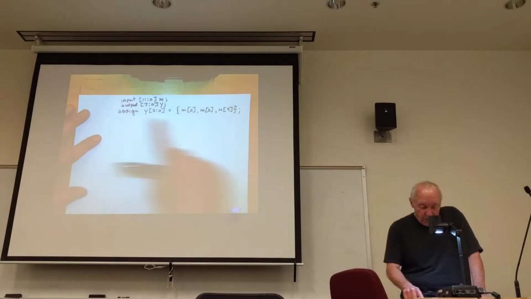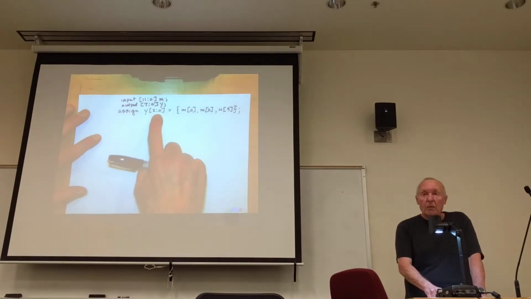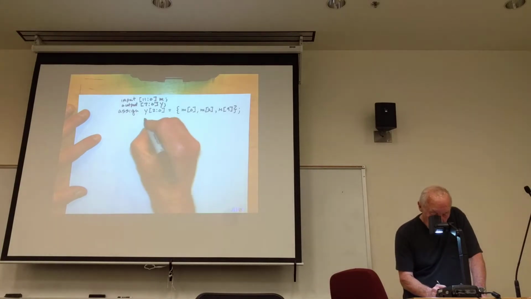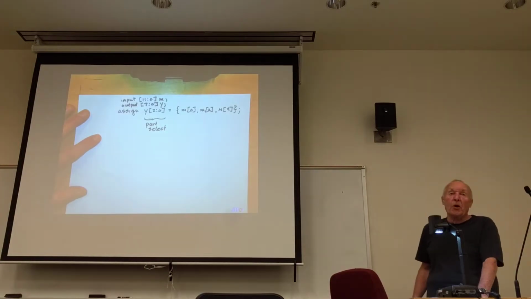Now, if you look at this assignment statement, I'm not assigning an entire value to Y, I'm only changing the 3 least significant bits. So this is referred to as a part select.